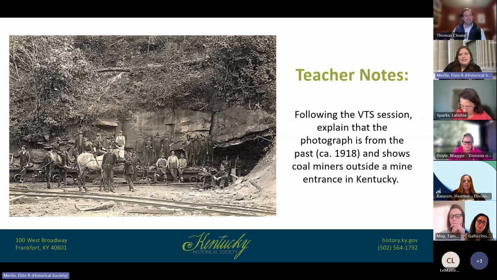To touch back on it, there's no females in this photograph. Females did not start going into coal mines, I learned this in my research for this learning experience, until somewhere later in the 1900s, I believe around the 60s and 70s. So it was a predominantly male profession.